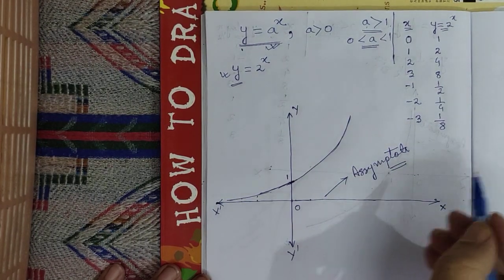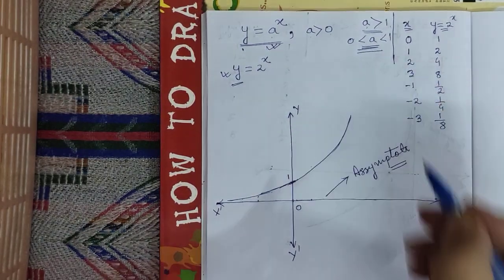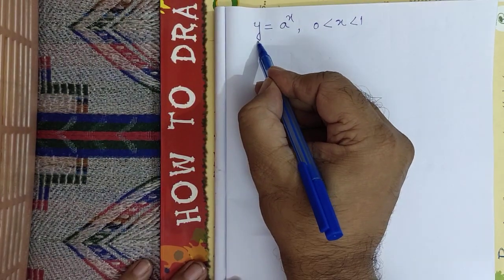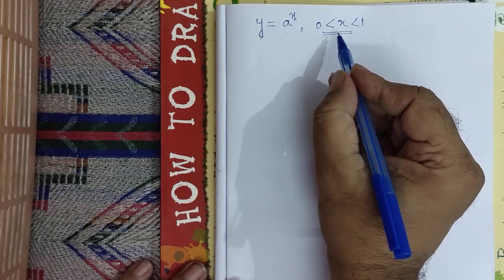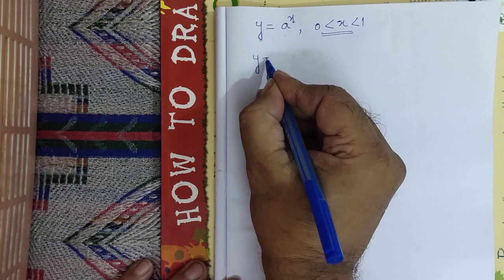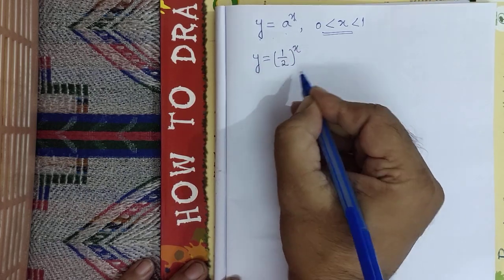Now I will explain the graphical behavior of the exponential function under this condition, y equal to a to the power x with a between 0 and 1. To make you understand the trend of the graph, again I will take a small example, say 1 by 2 to the power x.